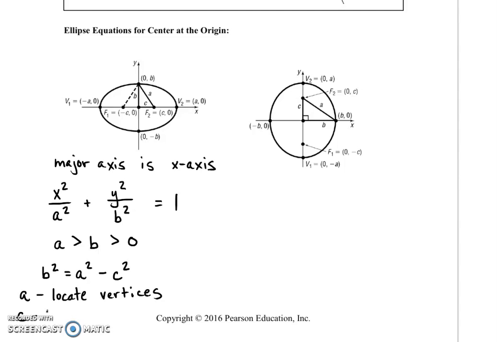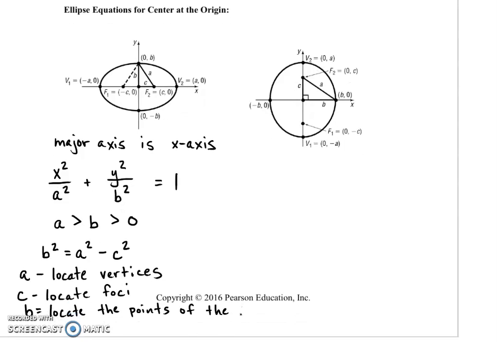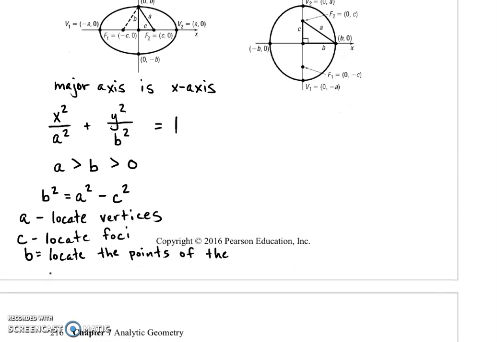C locates our foci, and b locates the points of the ellipse that lie on the minor axis.